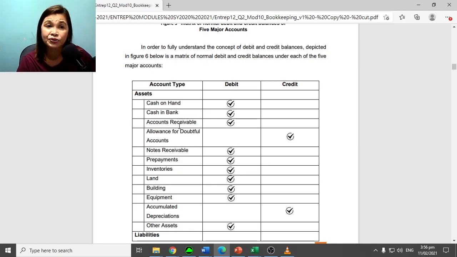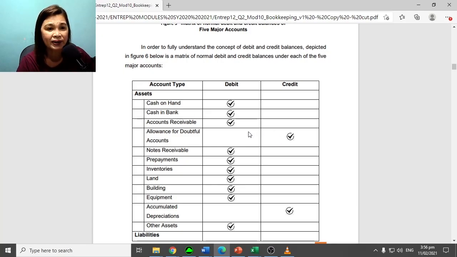When we have accounts receivable, there are times when we have customers who have not paid us yet, and for a long time already, and you are about to close your book of accounts, and there's no way to collect them, it can be that you will have it separated in the allowance for doubtful accounts. So meaning to say that is the contra account of accounts receivable.